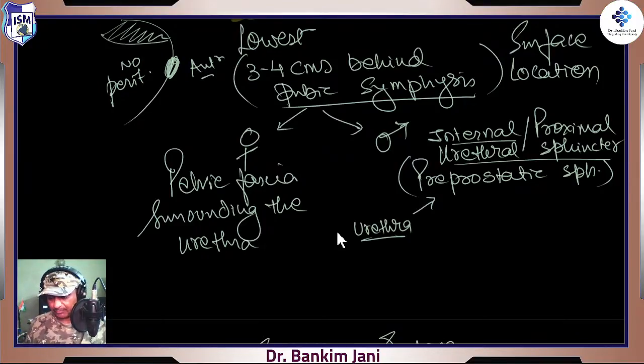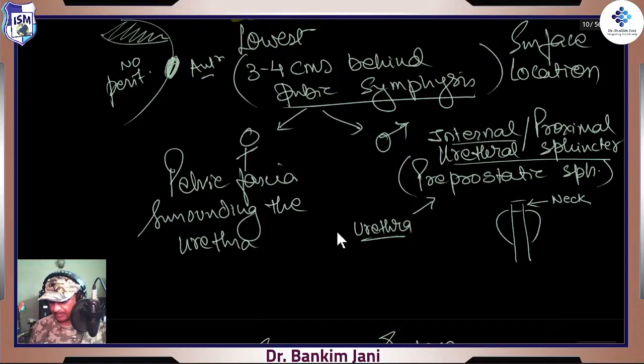Now see, in case of males, I'll just draw this, right? That's the urethra, that's the neck. See, this is the neck. Then comes the prostate, right? So pre-prostatic sphincter, right? Pre-prostatic. So can we say that it is before the prostate? That pre-prostatic sphincter is what is called the internal urethral sphincter, or proximal sphincter, right?